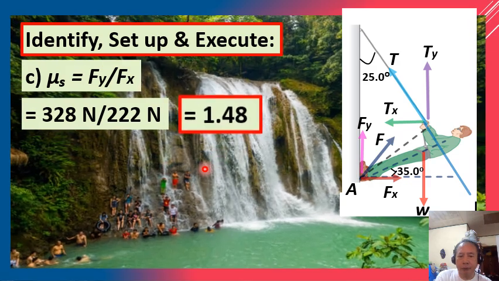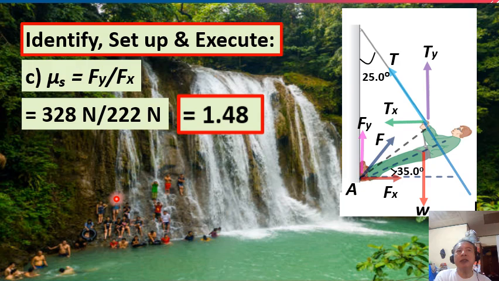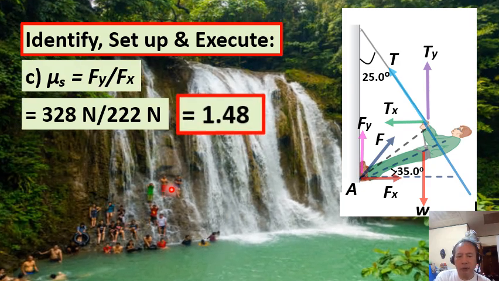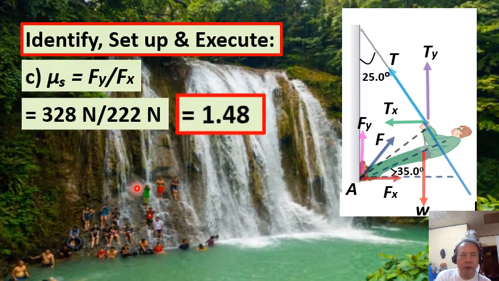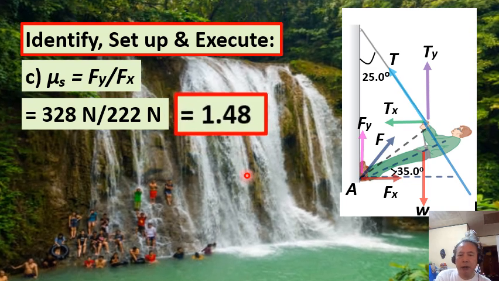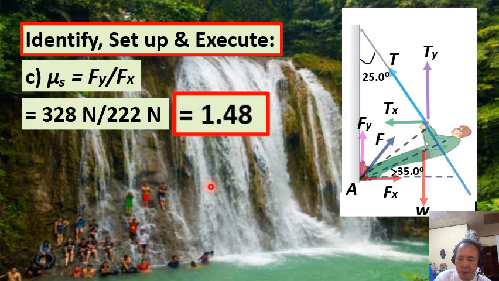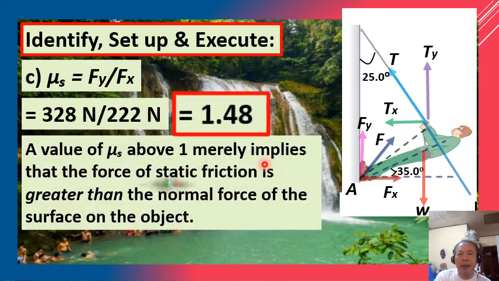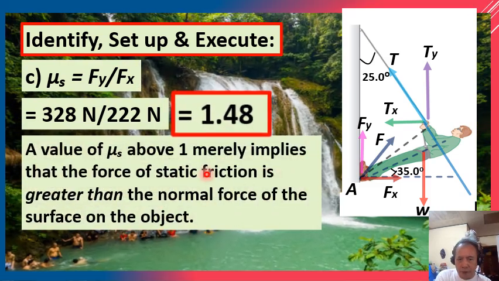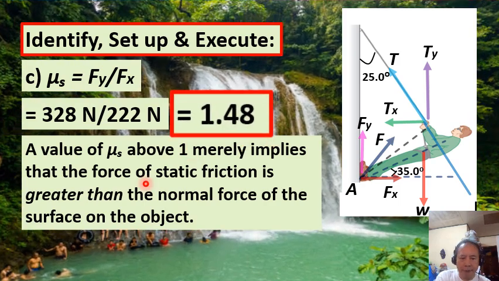All right. In most cases, the coefficient of static friction and that of the coefficient of kinetic friction are usually less than 1, right? But here we get a value of the coefficient of friction greater than 1.